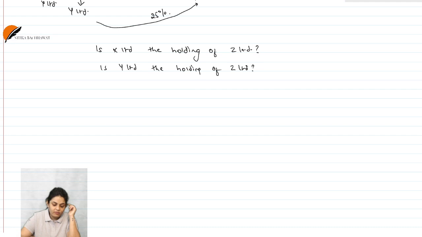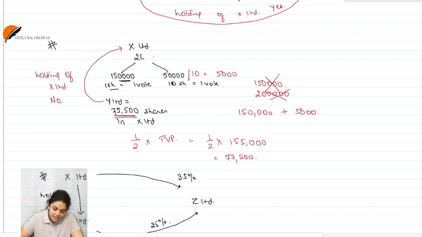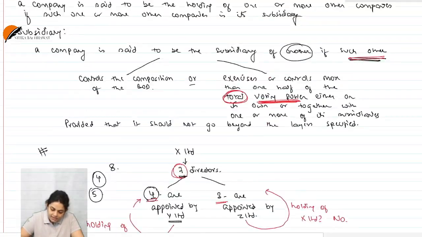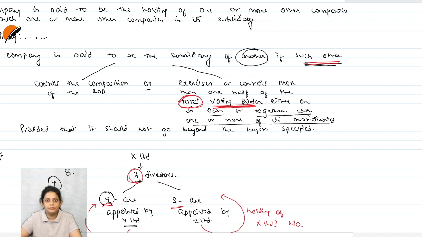No. Let's take Y Limited standalone. What is the holding? 25%. Is it holding? No. But what the Act says is exercises or controls more than one half of the total voting power either on its own or together with one or more of its subsidiaries.